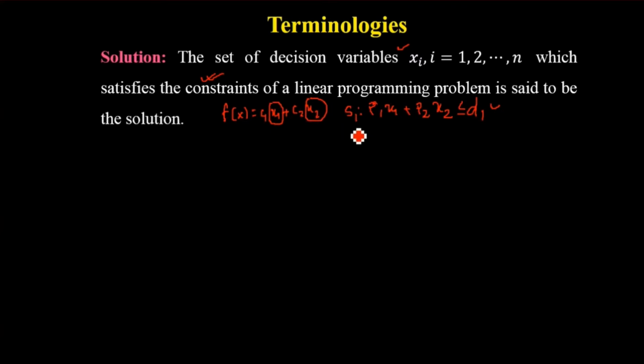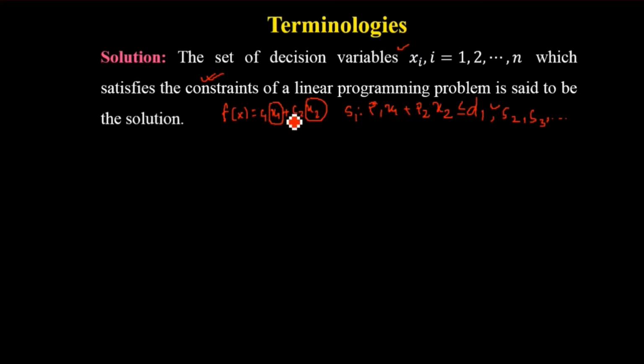Now here it may be one constraint, two constraints, three constraints, like that we may have more constraints, but this combination x1 and x2 should satisfy all the constraints. Then only it is eligible for the solution. As I have told, we will get a set of solutions, so it is eligible for that set, meaning it belongs to that set.